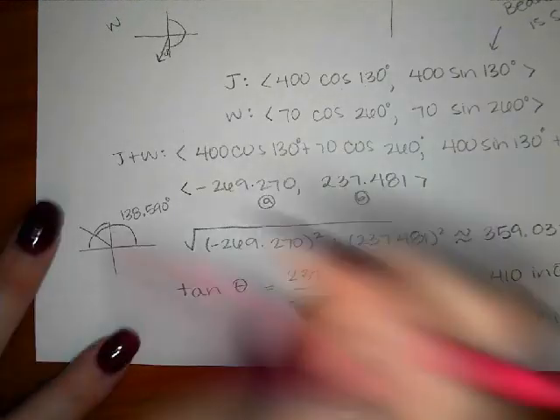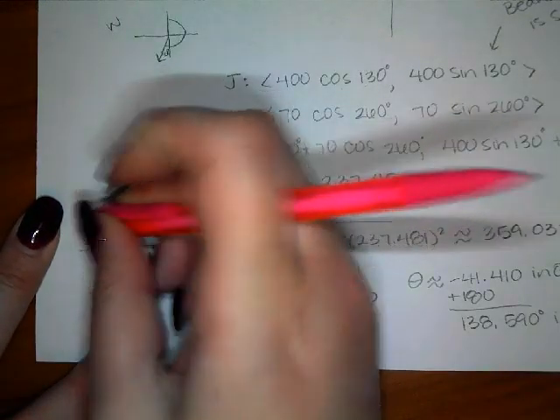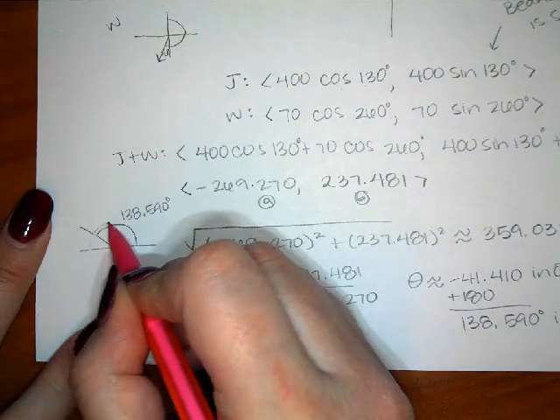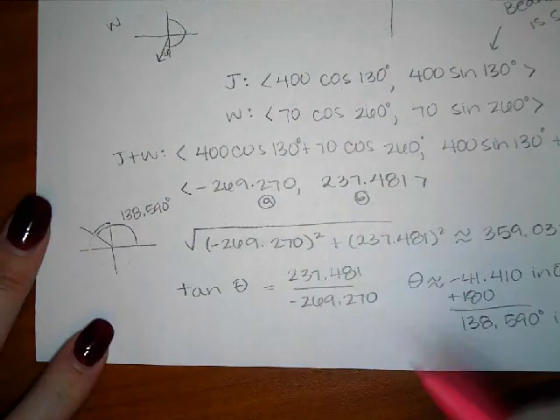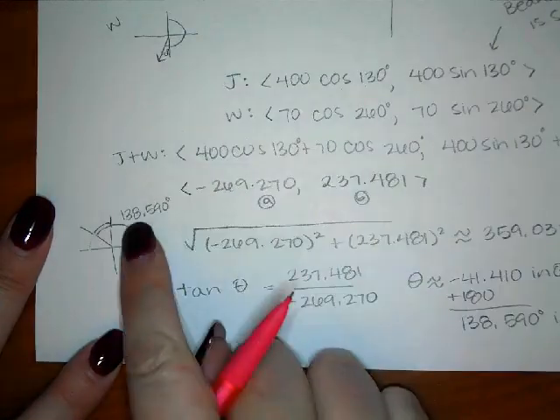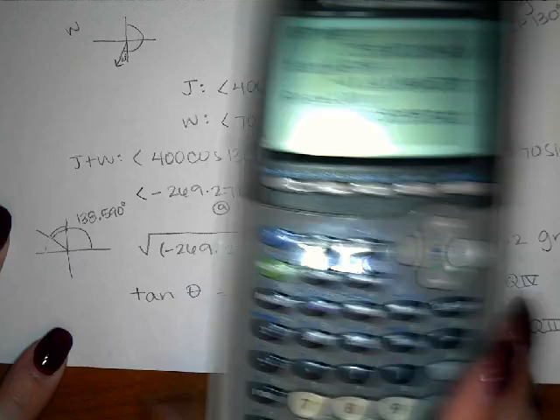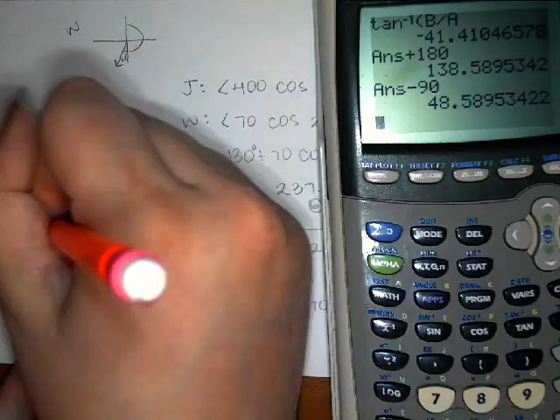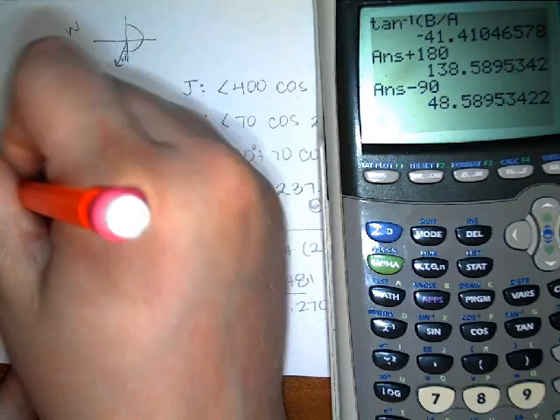So 138.59 degrees, if I subtract off 90 from the first quadrant, then I can see that this little piece right here is 48.59 degrees. It's almost 49 degrees. So I'm going to take that and subtract it from 360 so that I can write that answer in bearing.